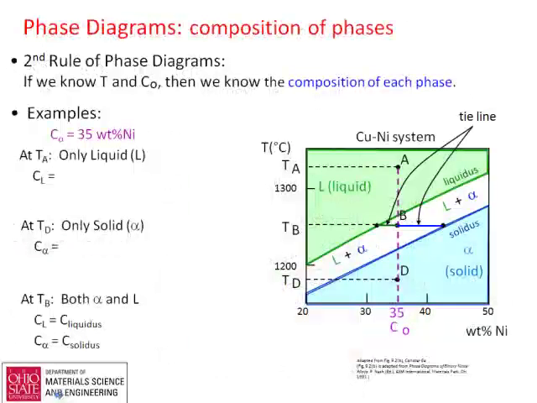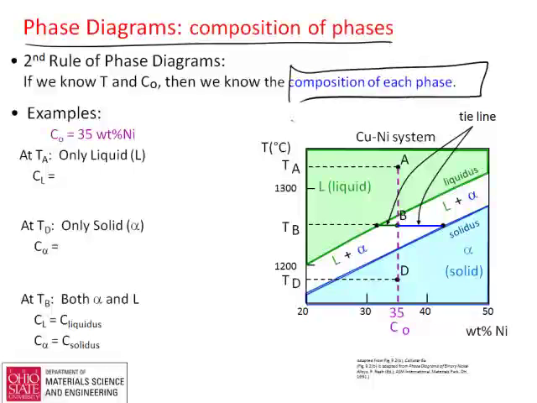If you do that a little bit more carefully, this is the second rule of phase diagrams. If we know what the temperature and composition is, we know the composition of each phase, and C sub O is the overall composition here.